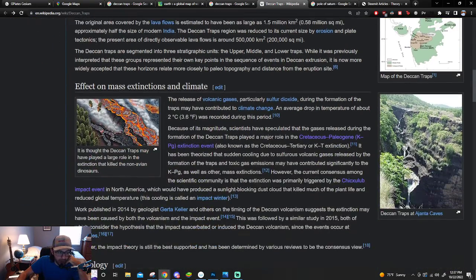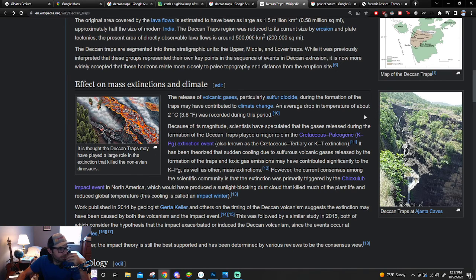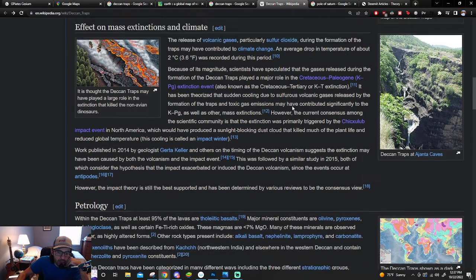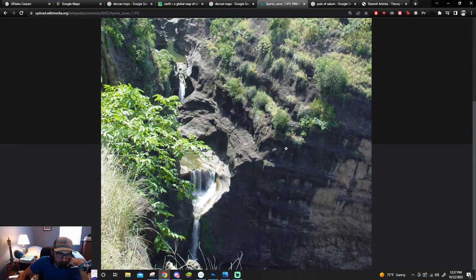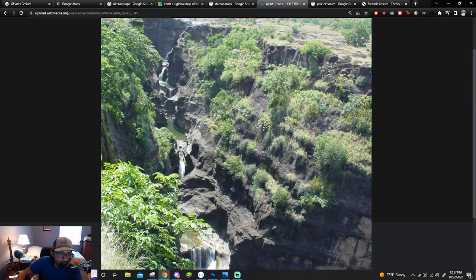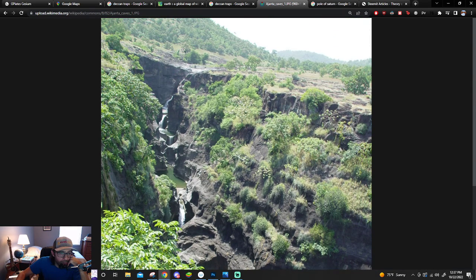So Deccan Traps. I mean, this one's insane. It's just clear as day currents flowed. I know that's what geology does. It says time plus erosion plus coincidence.